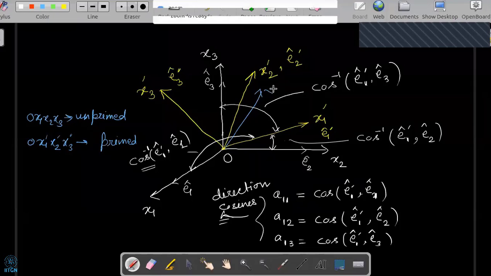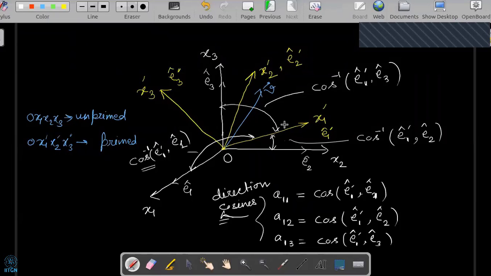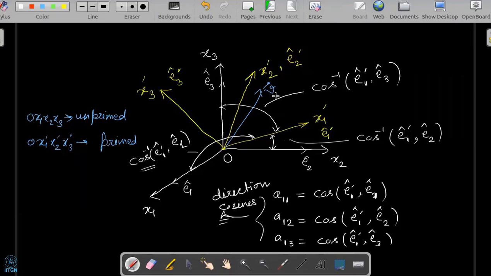Let's say there is a vector v. Our objective is to find the components of this vector in a new set of axes to establish the relation. We will see how to do it in the next class.